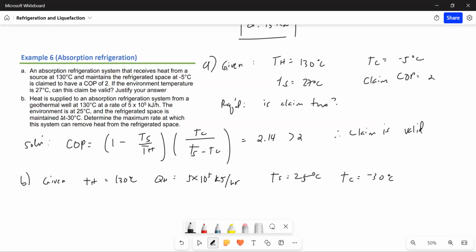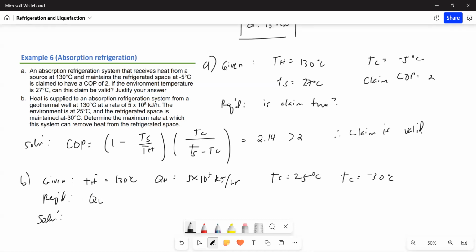Okay. So, ang tanong ay required: determine the maximum rate at which the system can remove heat from the refrigerated space. So, that's QL. So, we want to solve for QL.